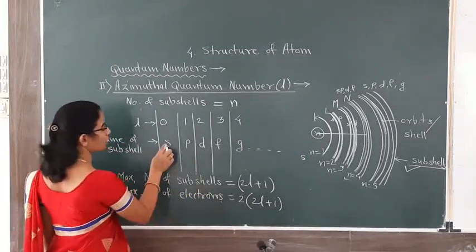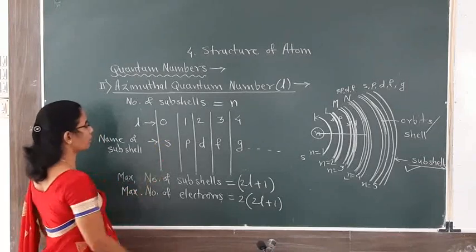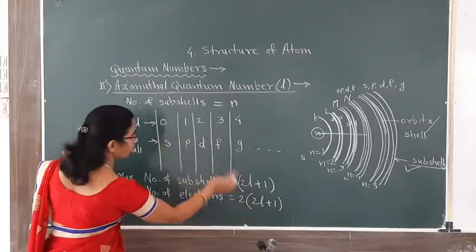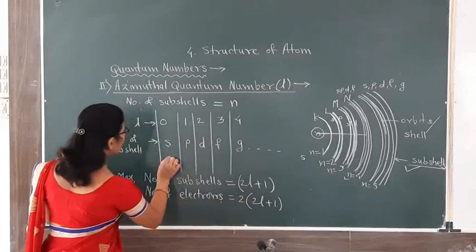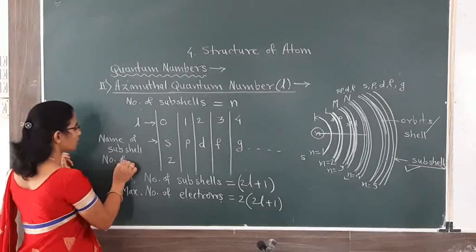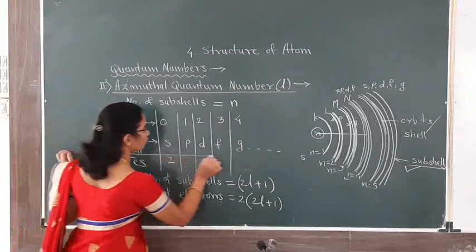So with the help of this formula, you can find the number of electrons present in a given subshell. Now let's see the s subshell. How many electrons are present in the s subshell? Let's see. l is equal to 0, and therefore you will find the number of electrons present in that subshell is 2.